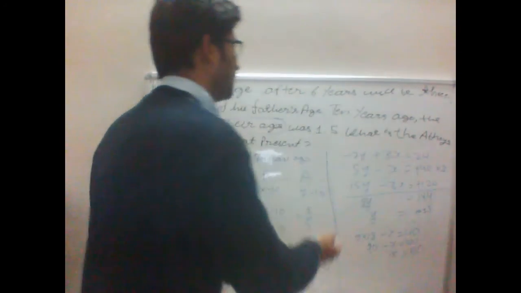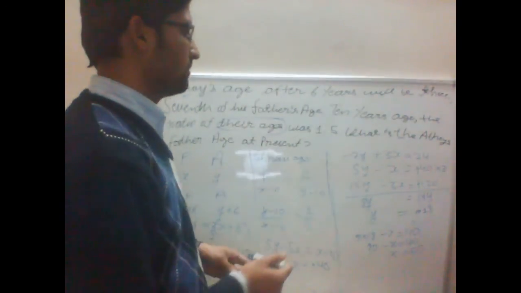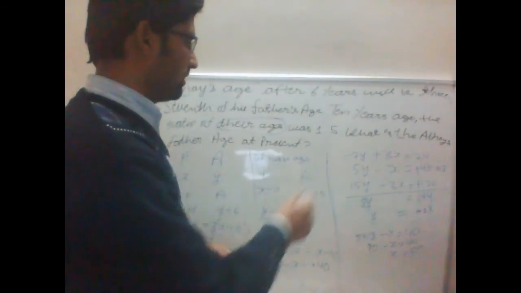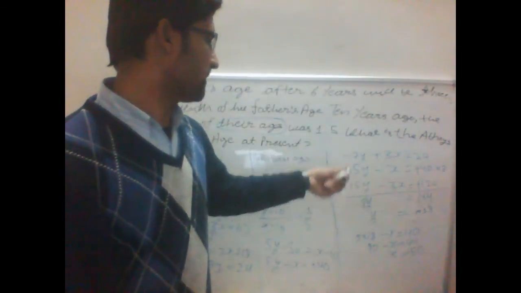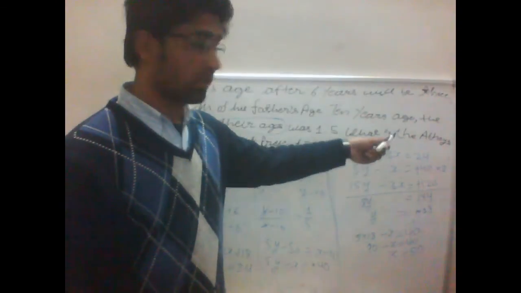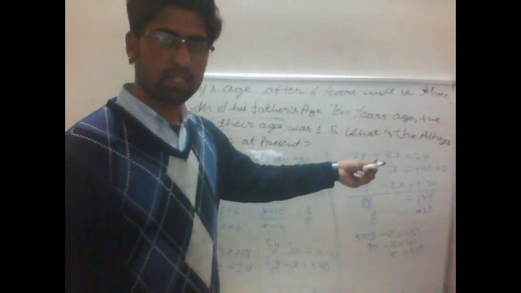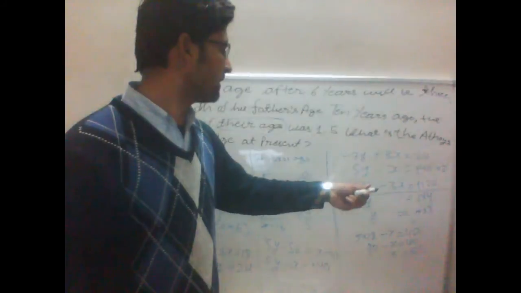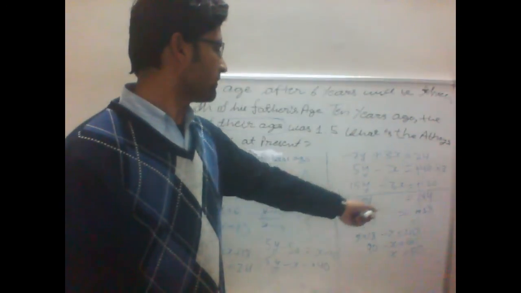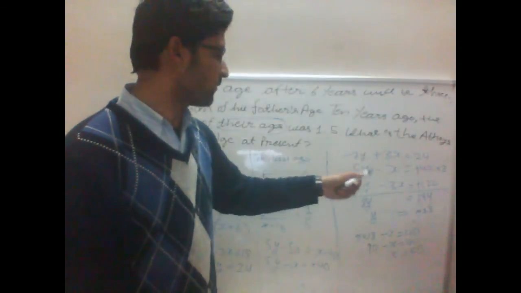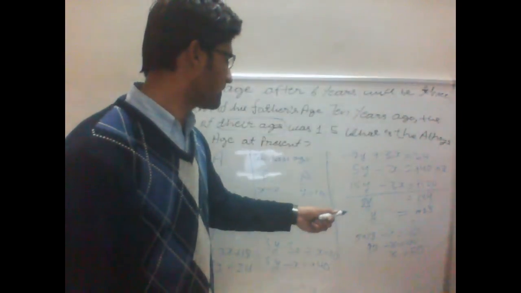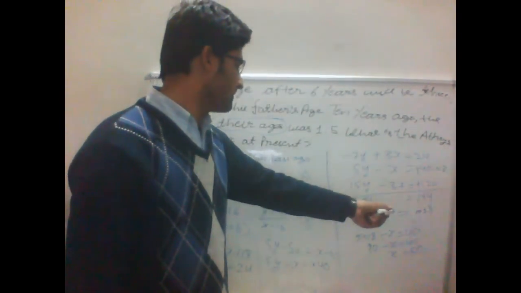Multiply the second with 3: 15y minus 3x is equal to 120. Plus 3x minus 3x gone. 15y minus 7y is 8y. 120 plus 24: 120 plus 20 is 140, plus 4 is 144. Now 8 times 1 is 8, remaining is 64, 8 times 8 is 64. So y is equal to 18.